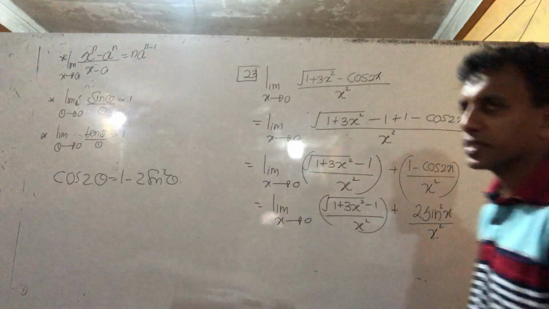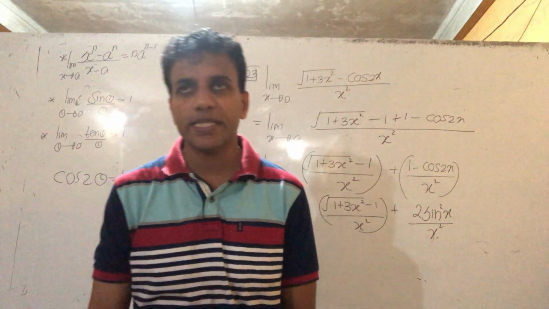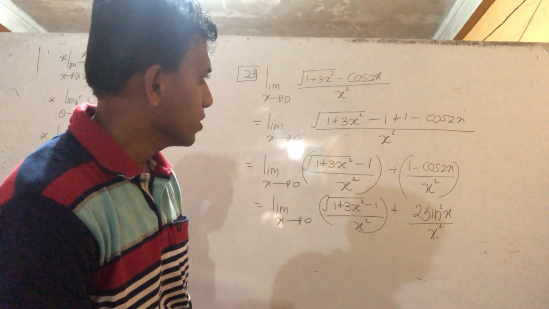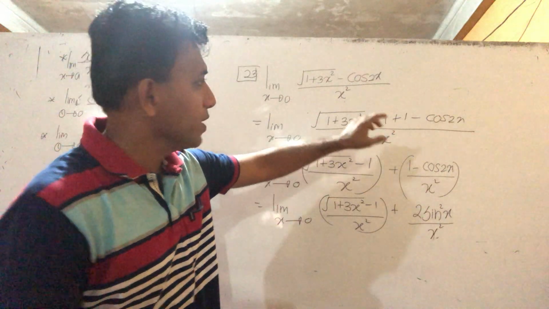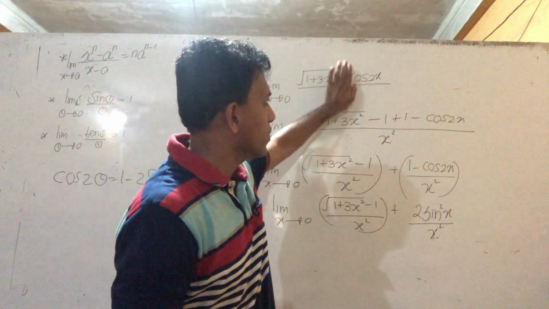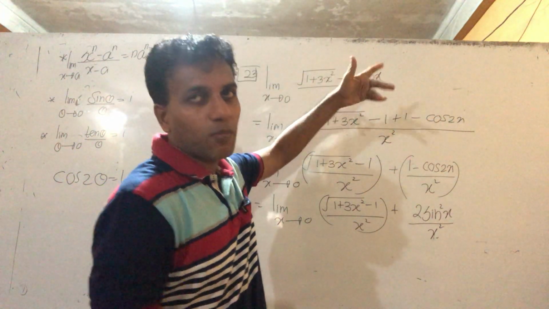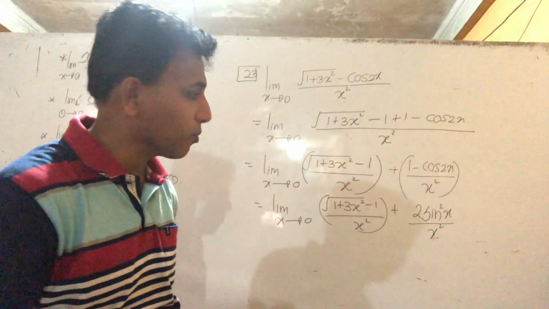The straight theory here is the pattern sine theta over theta form. So I add the minus 1 and subtract the minus 1. Otherwise you can show cos 2x is 1 minus 2 sine square x.